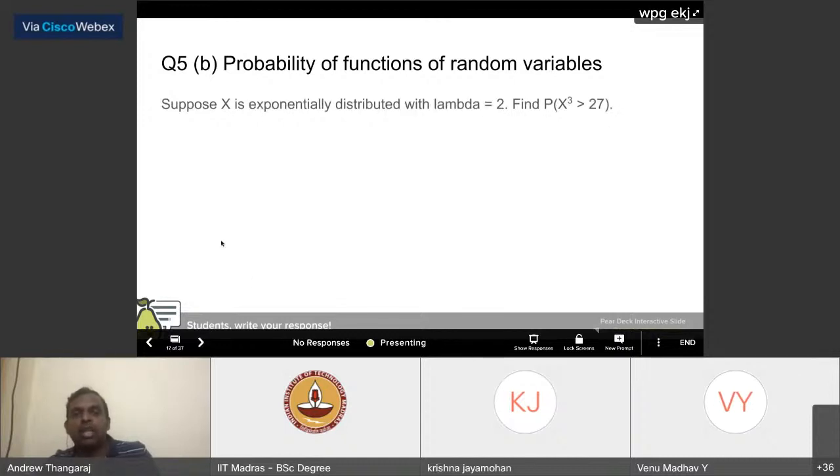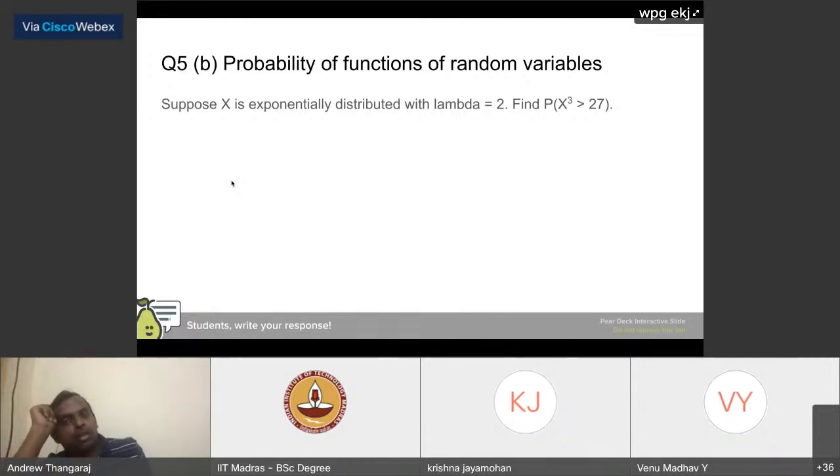Okay, so let's move on to the next function, slightly more twisted, but again very simple. Remember the CDF for the exponential distribution, we just used it. You can use that again here. Remember the trick, the first step is go from x cube greater than 27 to something involving just x, right?